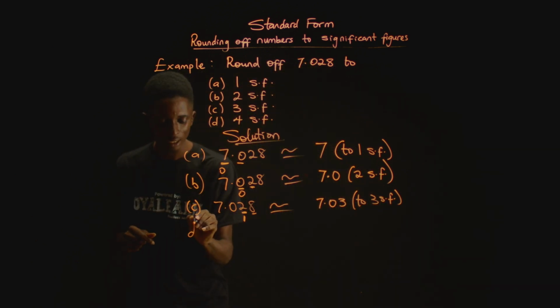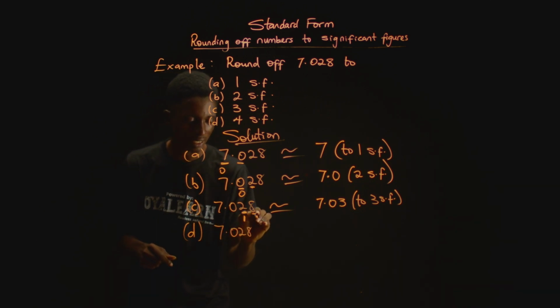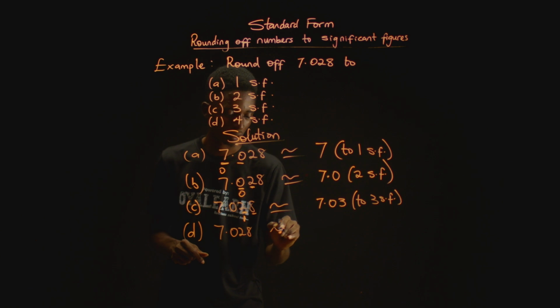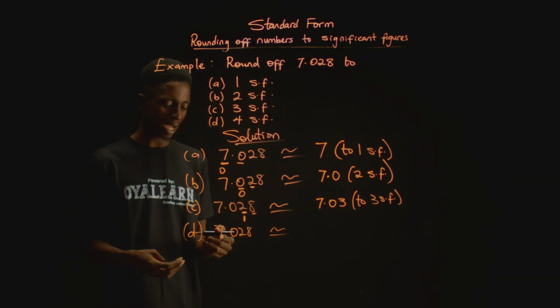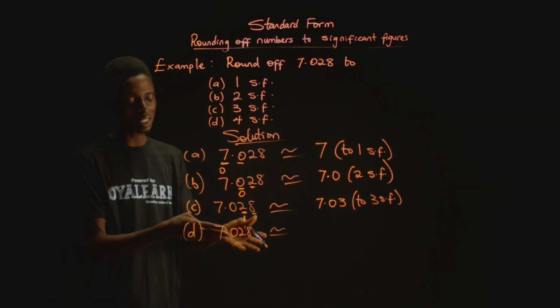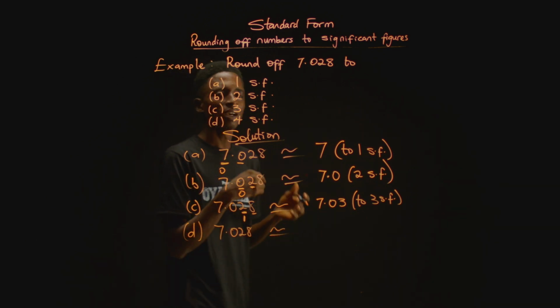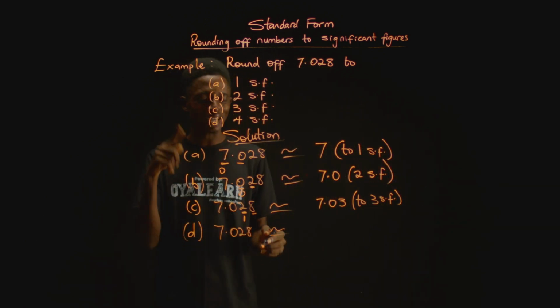And then finally, for D, let's round off 7.028 to 4 significant figures. Now if you count, we only have 1, 2, 3, 4. Now since it is 4 digits only, we then assume that whatever digit comes next is going to be a 0.